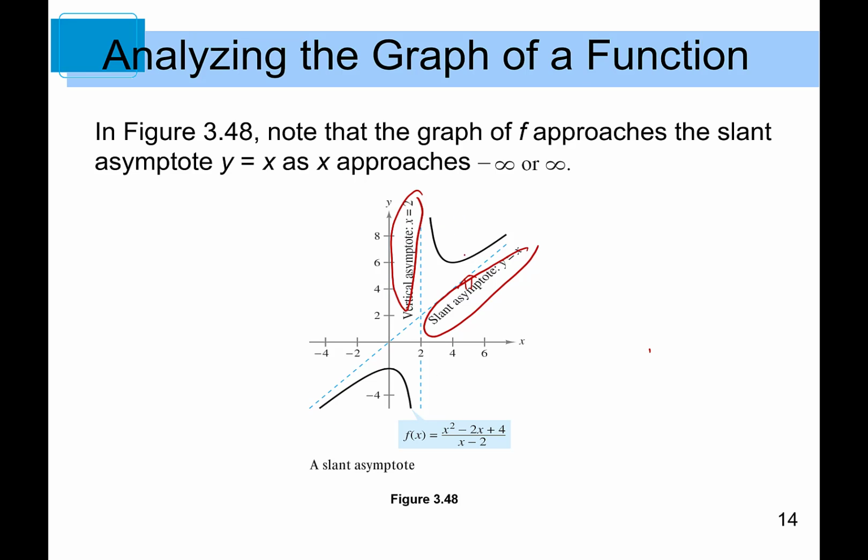So the graph of the function is located in these two regions, this region and this region. Note that the graph of f of x approaches the slant asymptote y equals x as x approaches negative infinity or infinity.